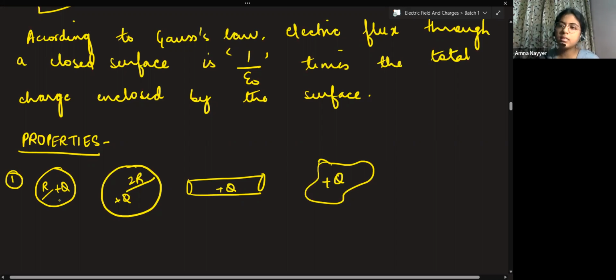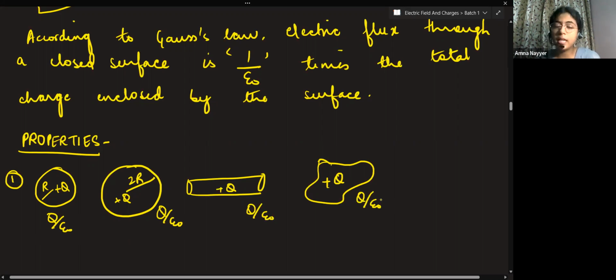Flux is charge enclosed by epsilon naught, so flux will be q by epsilon naught in each case.